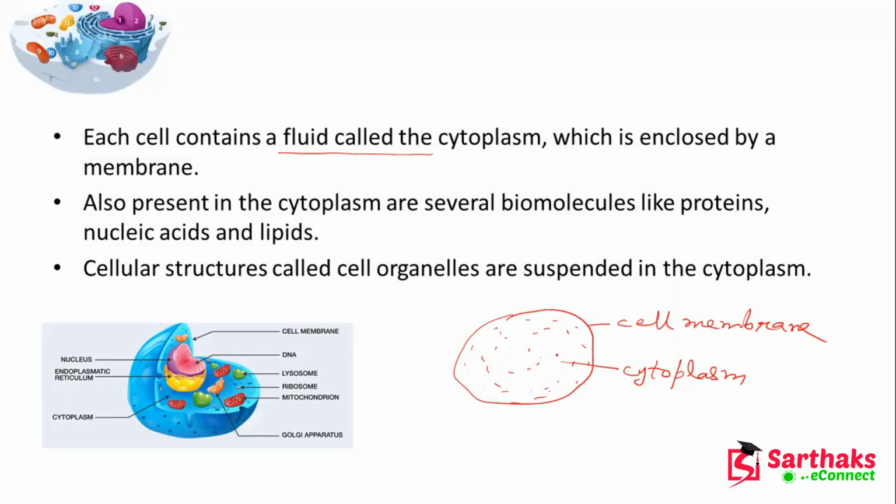Now one thing is very sure, that the cell is the basic structural and functional unit. To do any function, the cell should have some biomolecules, and it consists of proteins, nucleic acids and lipids.